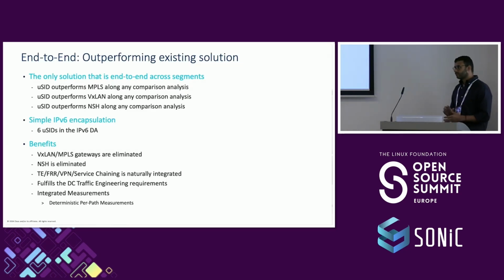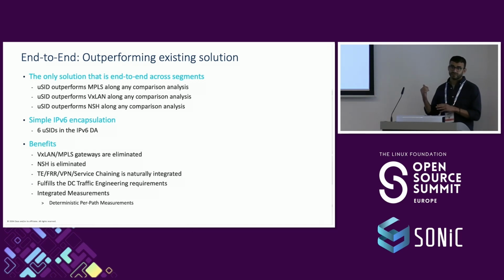So before actually doing a comparison or showing how it works, I want to remind you of something very important. It's the only solution that can allow you to deliver end-to-end service. No need for gateways, and without having all of the shim layers that you needed in the past. It outperforms all of the silo solutions. This is factual, with factual data.